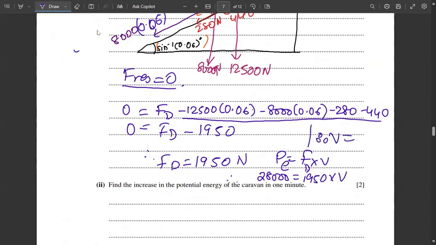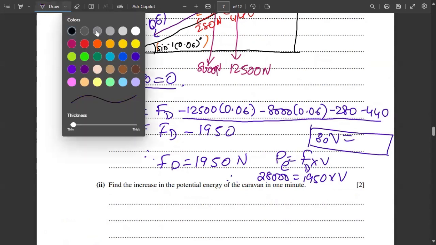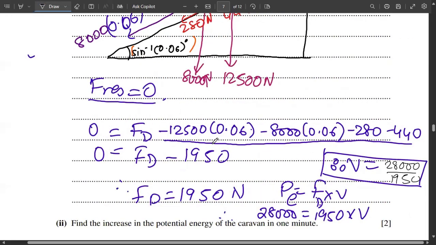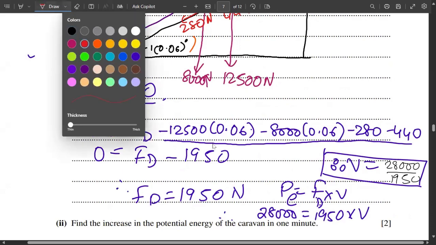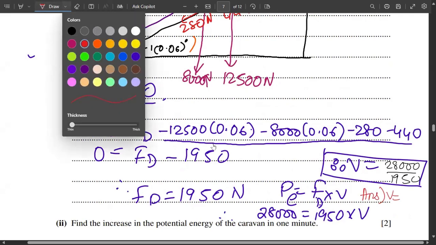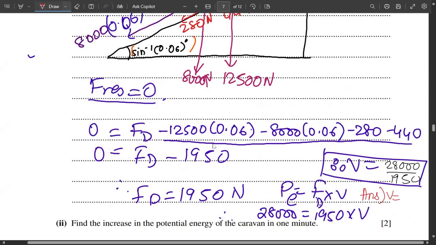Therefore, velocity is equal to 28,000 upon 1950, which is 14.36.